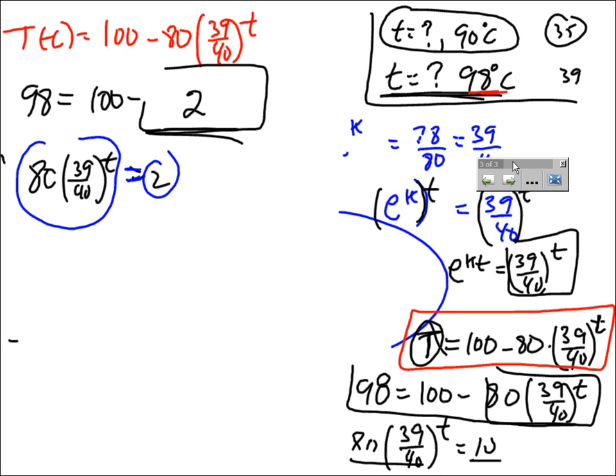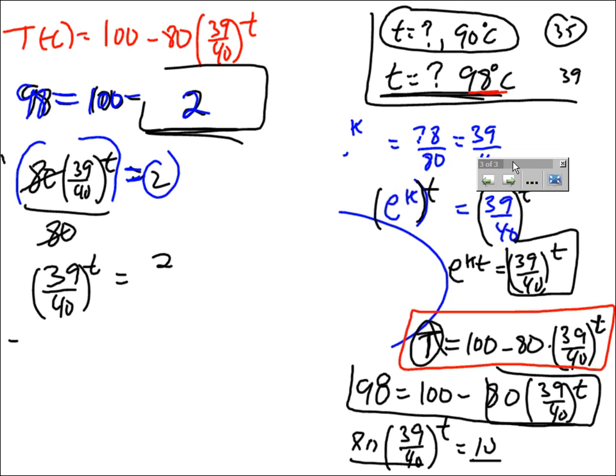And then I go, 98 equals 100 minus 2. It really is 2. I divide by 80, and now I get 39 over 40 to the t is 2 over 80, which is 1 over 40.